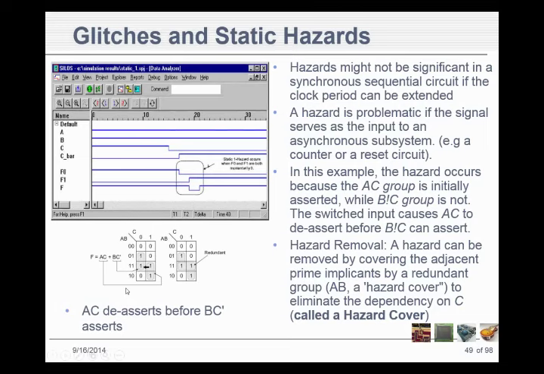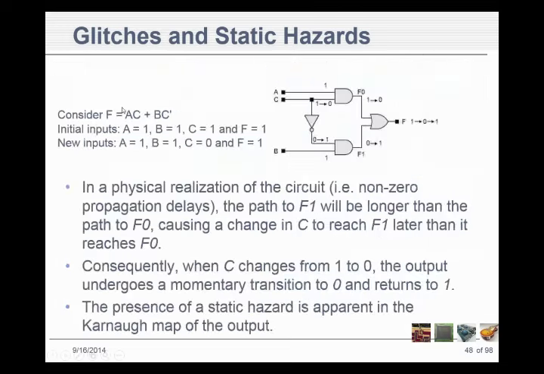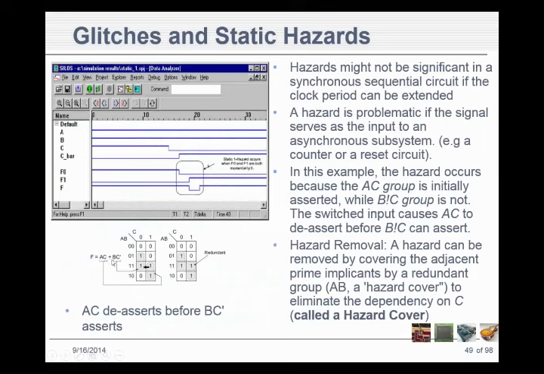If this is the original circuit, A and C or B and not C, here they included this, which is, what's that term?